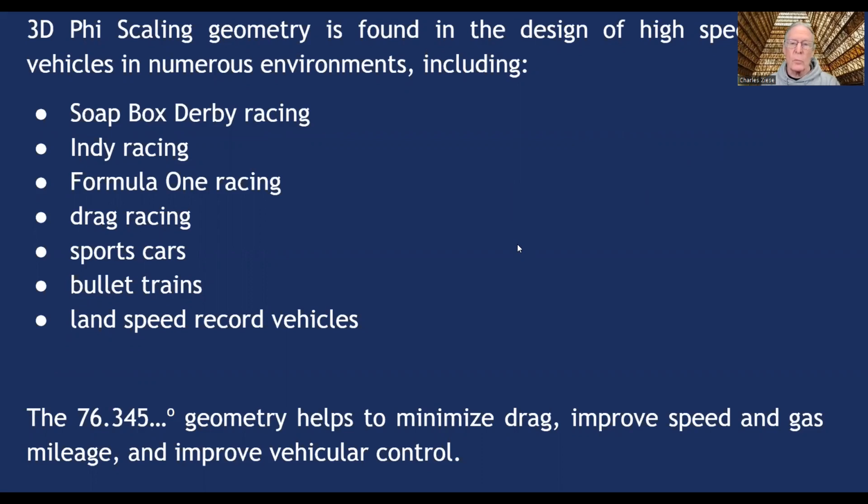The reason you're going to find that geometry in so many places is that the 76.345 degree 3D Phi scaling geometry helps to minimize drag, it improves speed and gas mileage, and it improves vehicular control. So let's get started.